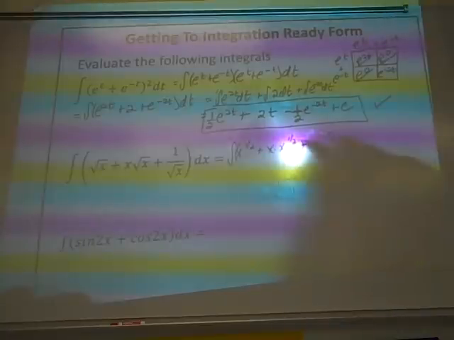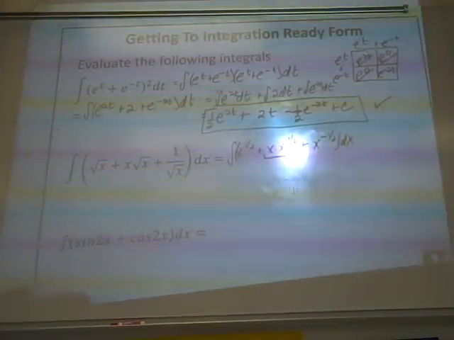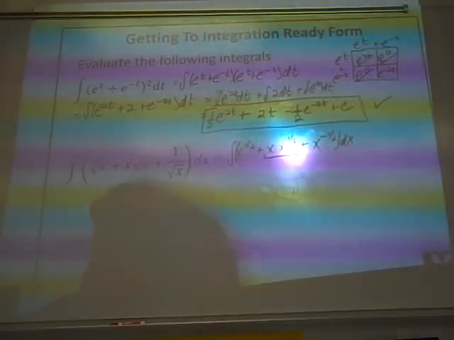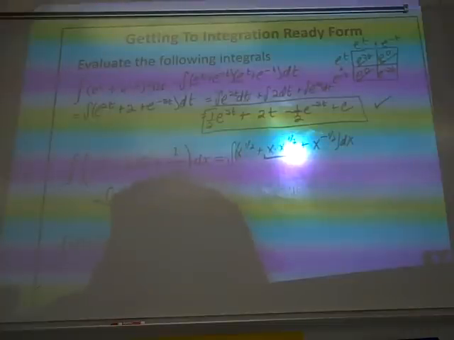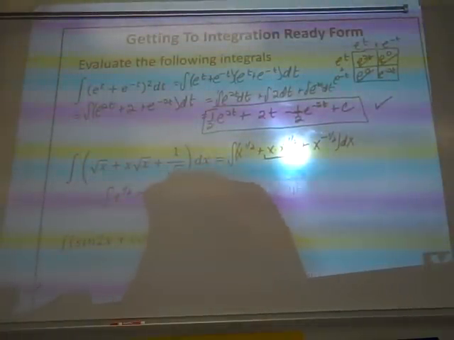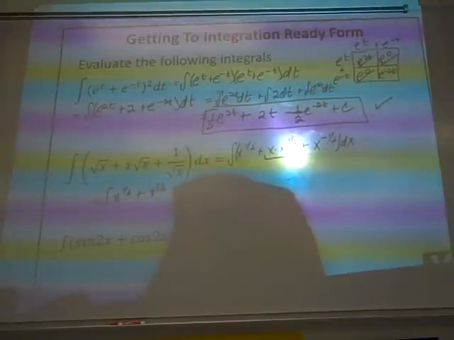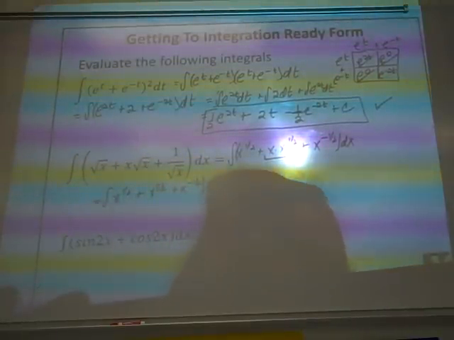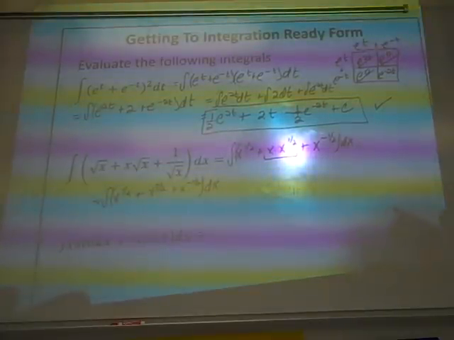I think we can clean that up a little more, especially in the middle. So I'm going to rewrite this as x to the 1/2 power plus x to the 3/2 power plus x to the negative 1/2 power dx.